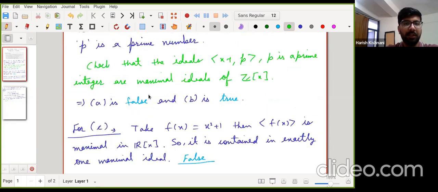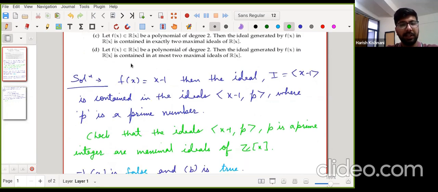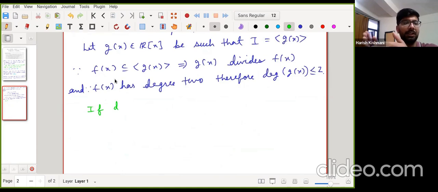But once you have that each ideal is principal, then if f(x) is contained in the ideal of g(x), then g(x) is just a factor of f(x). Now you can just reduce your problem to the factors of f(x). That's what I'm saying, that g(x) divides f(x), and we will conclude the argument and see what are the possible maximal ideals based on the degree of g(x).